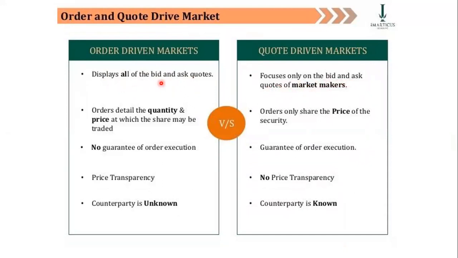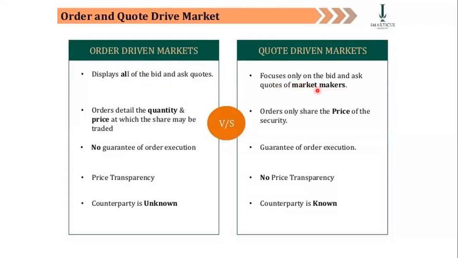They display volume, quantity, price, and also the possible quantities. So at what price, how many volumes, that kind of information you can find. Here you can find only bid and ask quotes from the market makers.